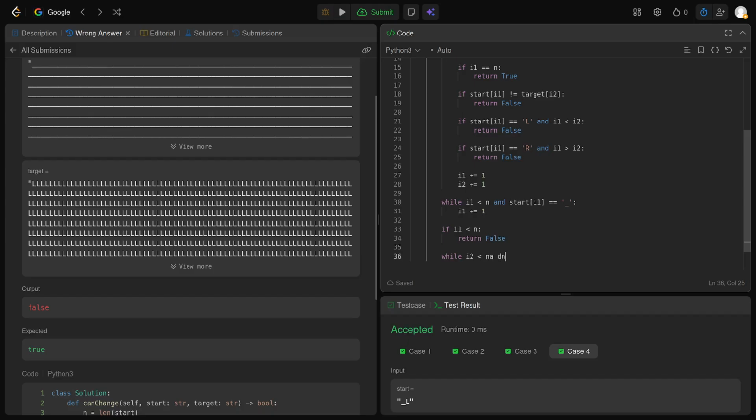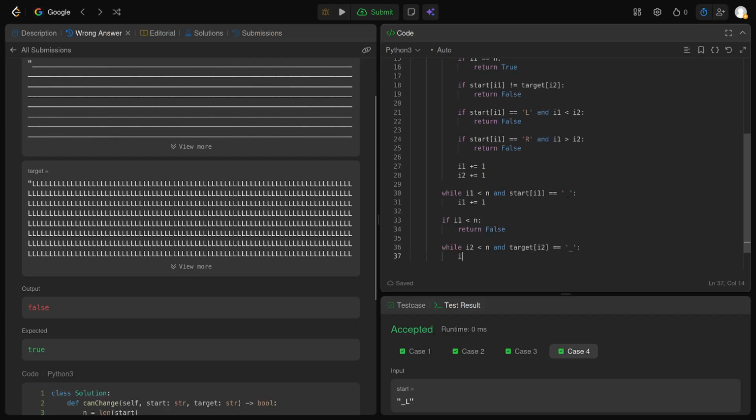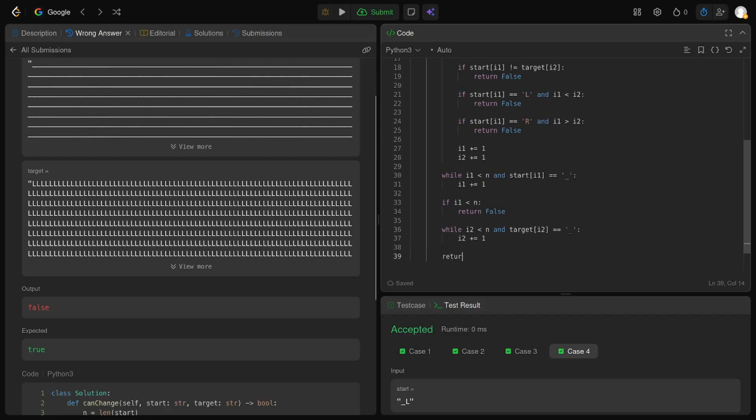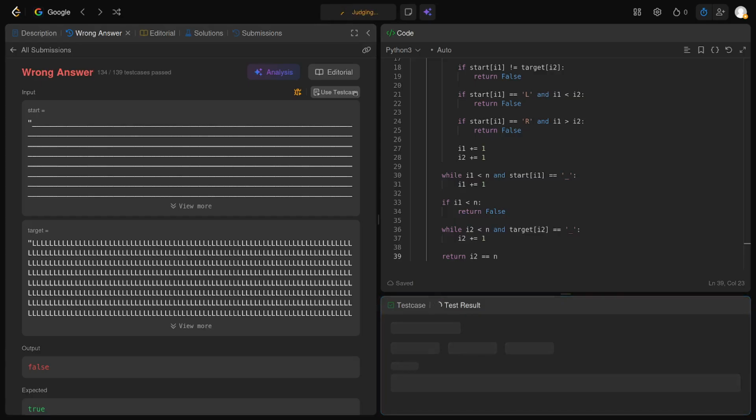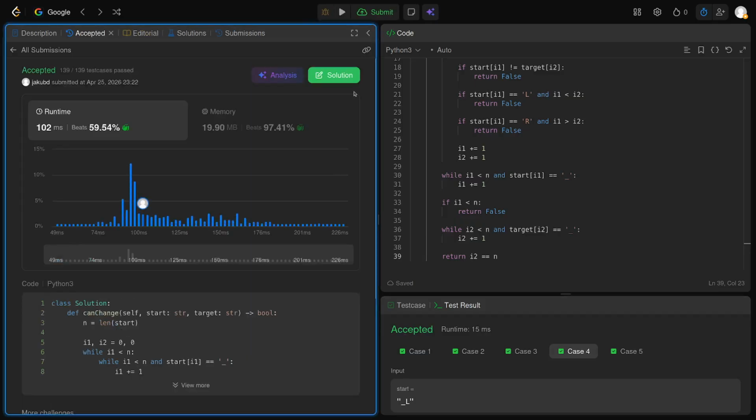While I2 under n and start I2 is underscore in target, I guess, so target I2, return false if I2 is n. Let's see. Okay, now it should pass.